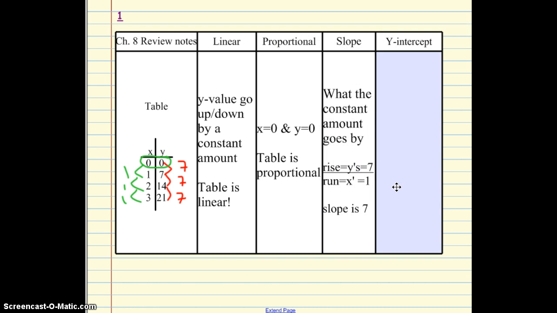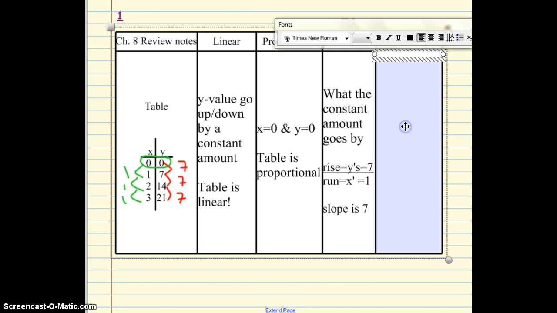Excellent. Alright. Lastly, when we're looking at a table, we want to find the y-intercept. The y-intercept is whatever the y value is when x equals 0. And the nice thing is that this table is proportional.